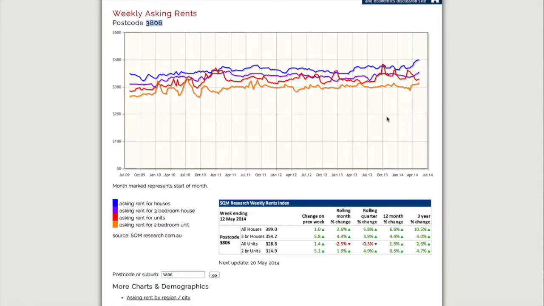Remember when we looked at this earlier, the properties available for rent was about 20% or something, which tells me that there is demand for properties to rent in that area. So that's what I can draw from this. If I compare it to the proportion of renters in Berwick, this confirms that stat that we were looking at earlier.